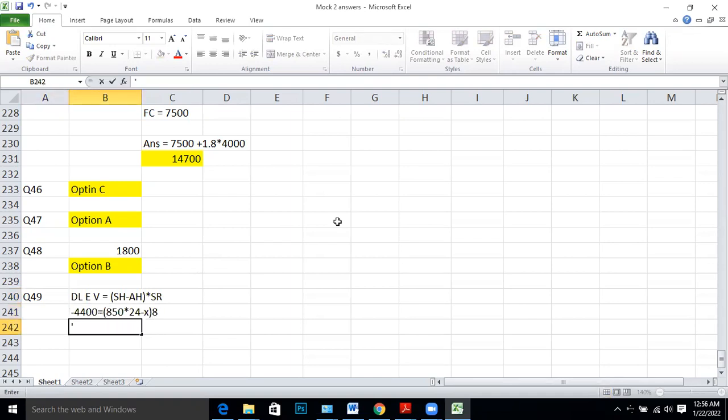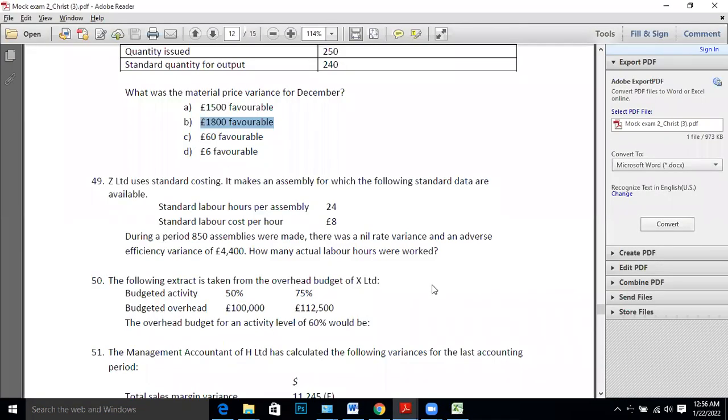You divide by 8, you get minus 550 on this side equals 850 times 24. How much is that? 20,400 minus x. Solving this, you get x equals 20,950. 20,950 would be the right answer.